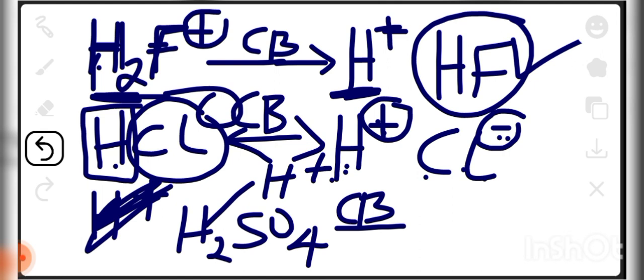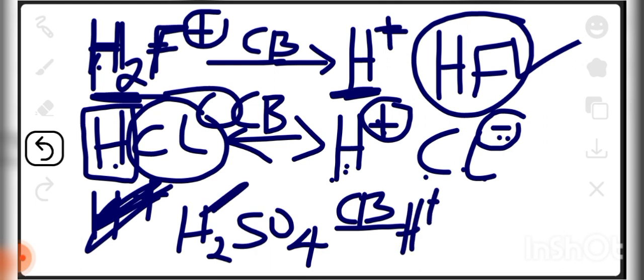So if you remove one H plus, what will be left? Only one H will be left. Then if you check this full compound, there's no sign there. It's neutral. So if you remove H plus from that place, then only one H will be left, and the SO4 will still be there.